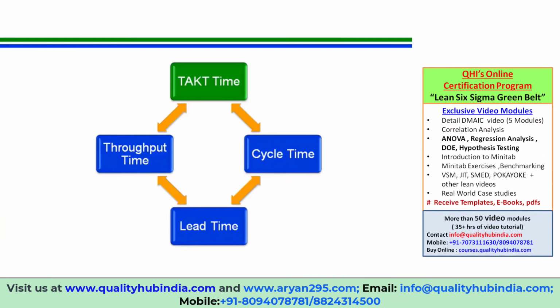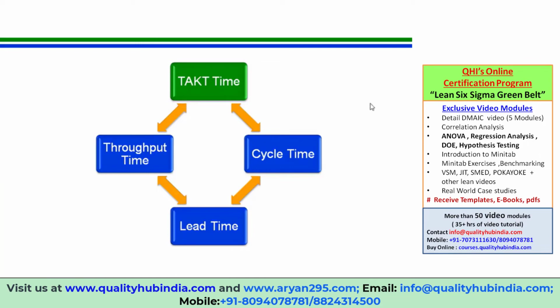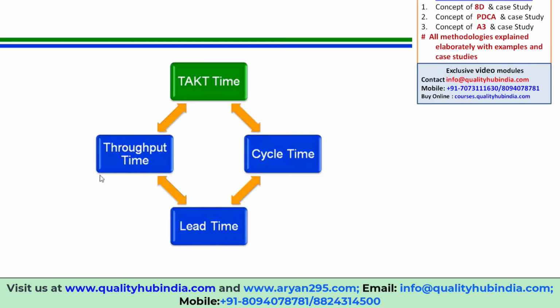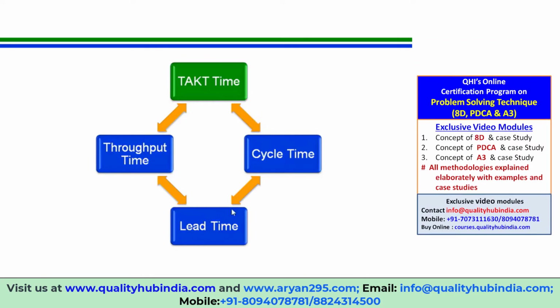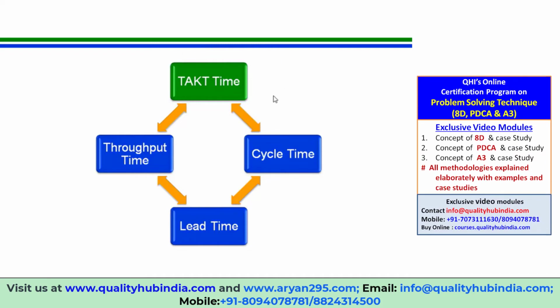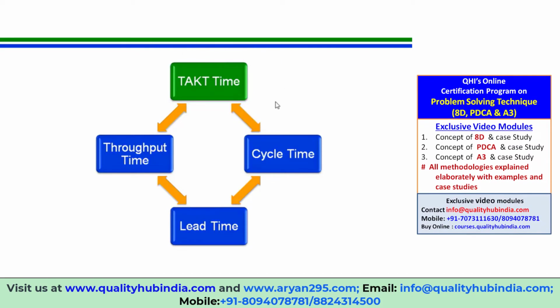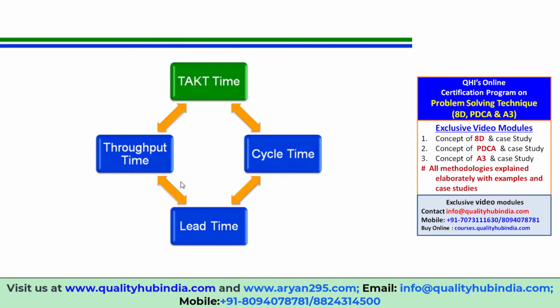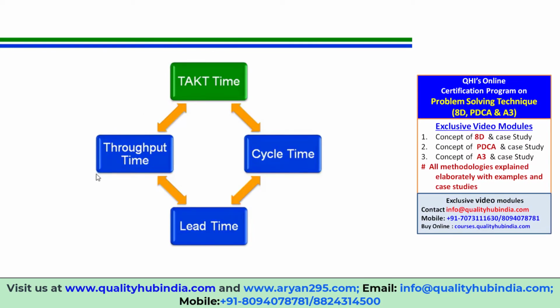Friends, we have learned four types of time used in lean manufacturing: takt time, cycle time, lead time and throughput time. Out of these four, takt time cannot be calculated using a stopwatch, whereas the rest of the three, which are cycle time, lead time and throughput time, can be calculated using a stopwatch.